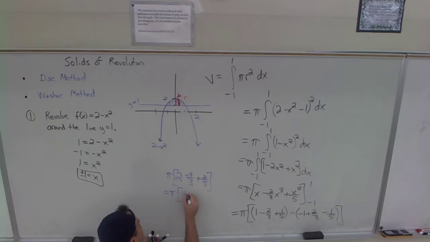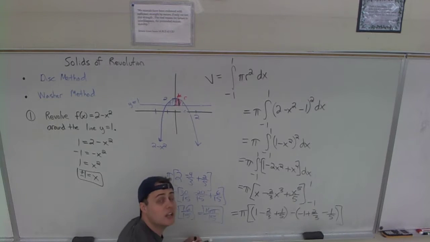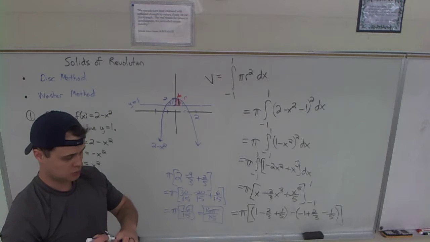So that's 30 15ths minus 20 times 3 plus 6. So this is going to be pi times 10 plus 6 is 16 15ths. So this is 16 pi over 15 cubic units because we're doing volumes.